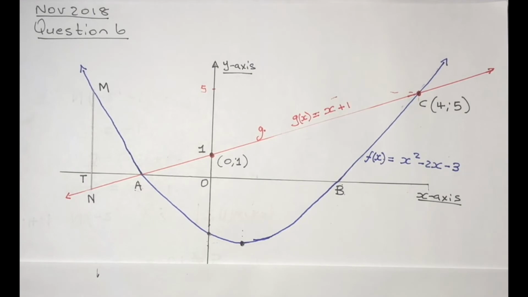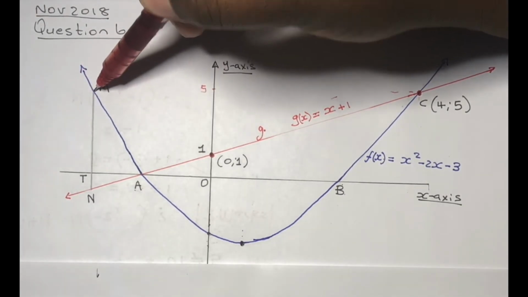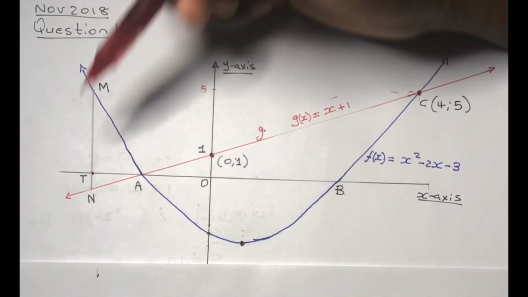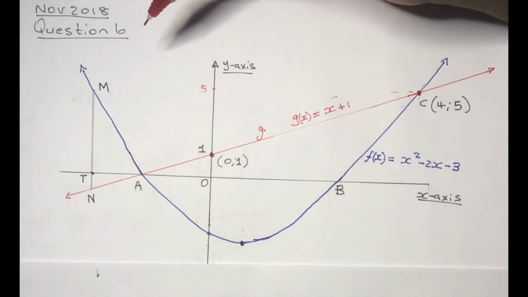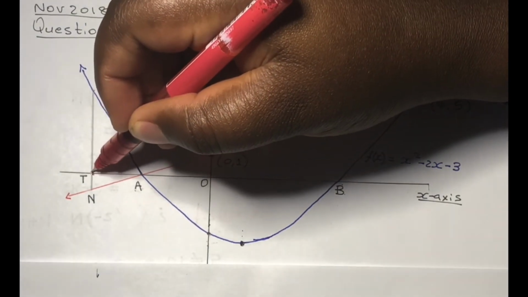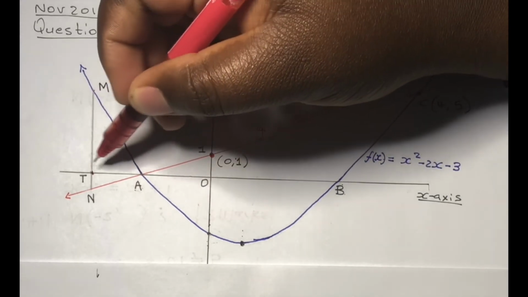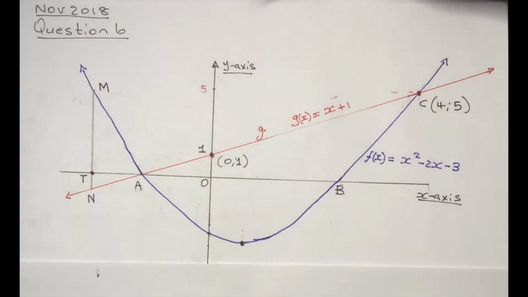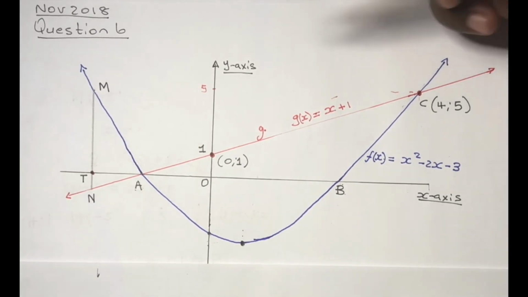Also, MN cuts the x-axis at a point which is referred to as T. So that means at point T you have your y being 0 and x being an unknown number. So that's basically how one would interpret this given graph.